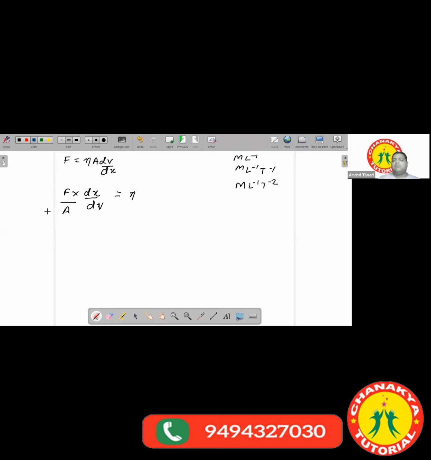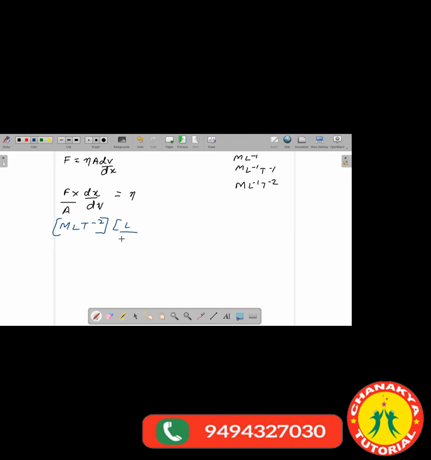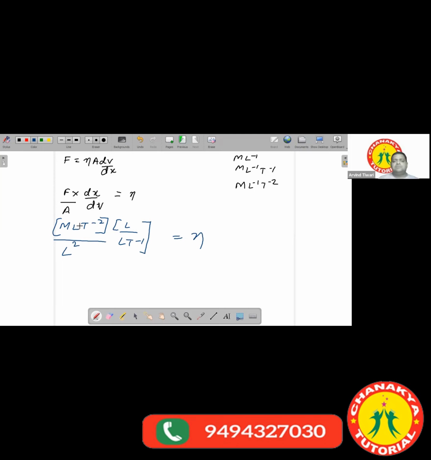So putting the dimension of F, we get here ml t minus 2. This is the dimension of force. For dx, we write the dimension L and dv is Lt minus 1. Divided by area, which is L squared. So you get here m.